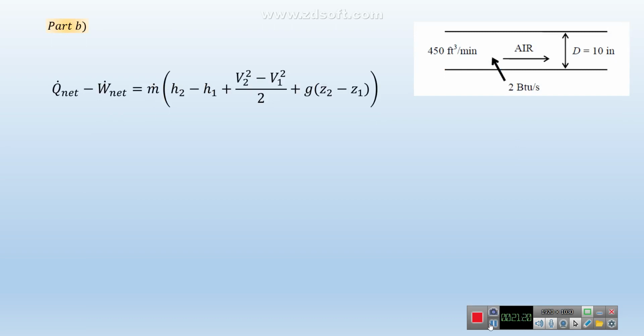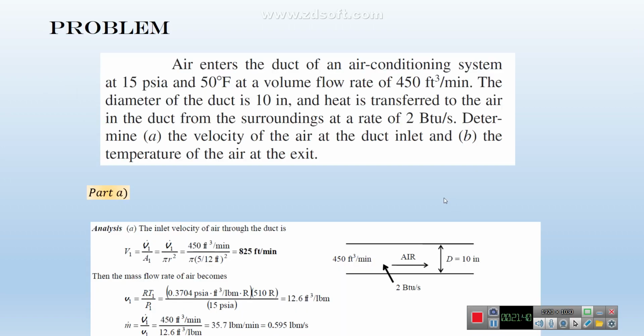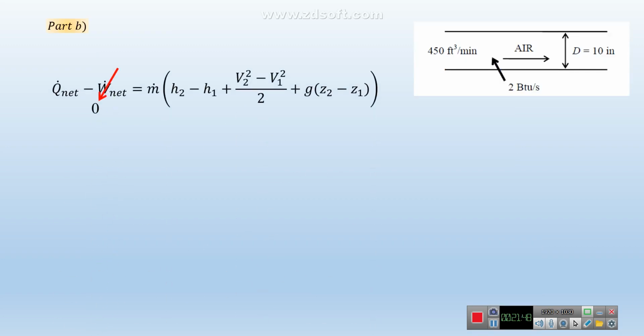Okay, this is the energy balance equation for the steady state equipment with one inlet and one exit. So Q net is Q in minus Q out. Here we have Q in, Q out is 0. For the W, I think we don't have any information. Let's check one more time. Yeah, we have nothing for the W, so we can assume that W is 0.